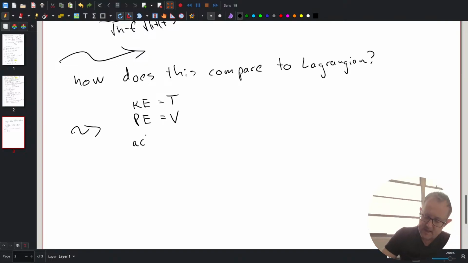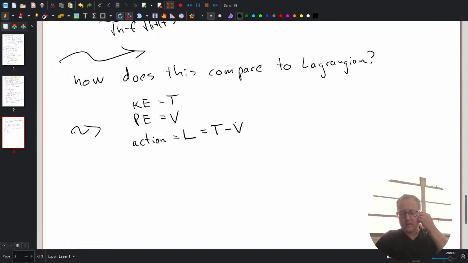And then there's action, which we call L, which is T minus V. And for the most part, kinetic energy can be a function of position, and it's also a function of velocity. So this is some function of, we'll call it r and v.